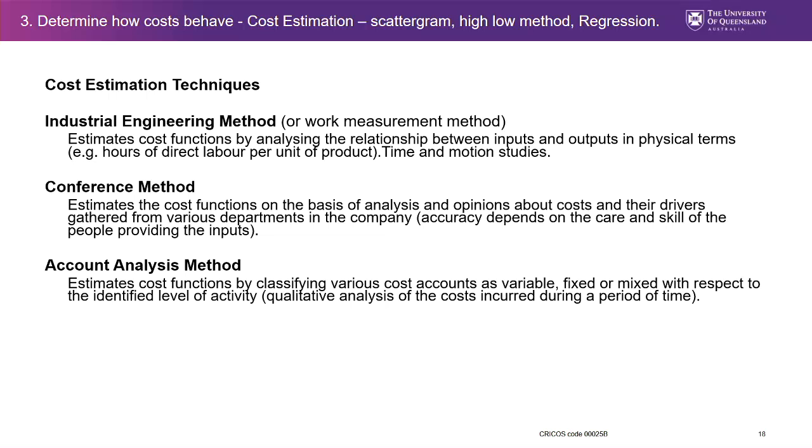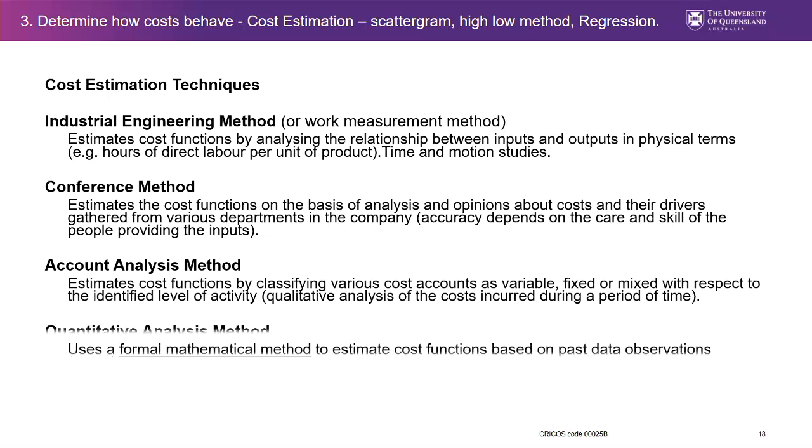We also have an account analysis method, where you go back and look at historical costs and activity levels and try to understand how the costs have behaved in the past. And this is what we're doing today, the quantitative analysis method. So it's kind of a formal mathematical model. It's not difficult. It's the model we've already shown you to try and estimate these cost functions based on past observations of activities and costs.